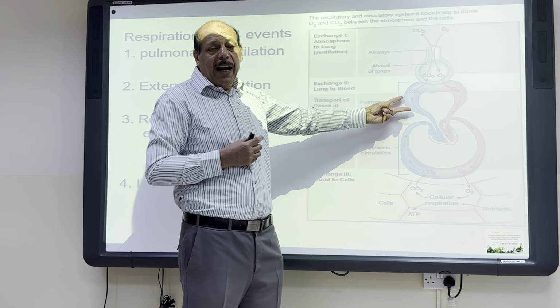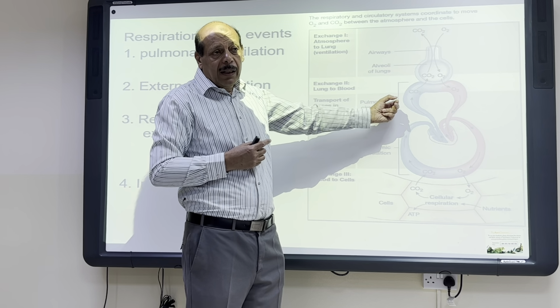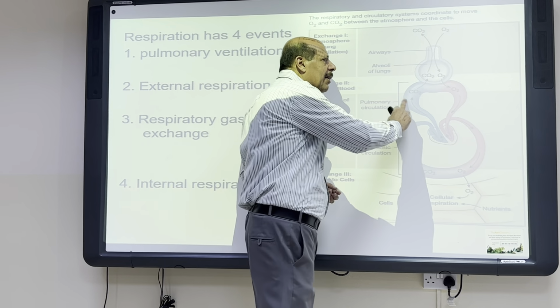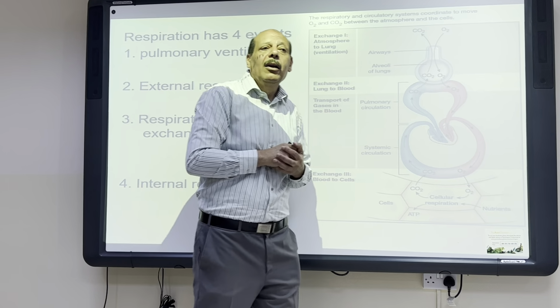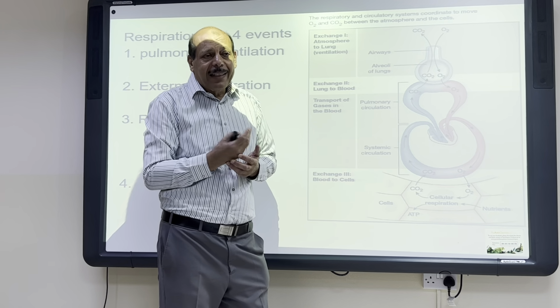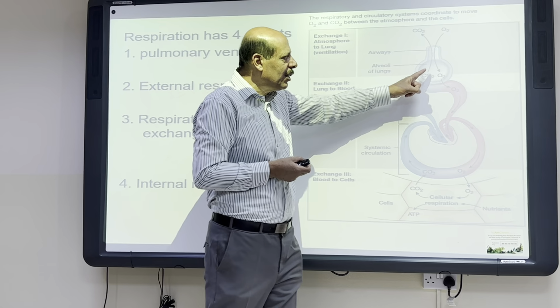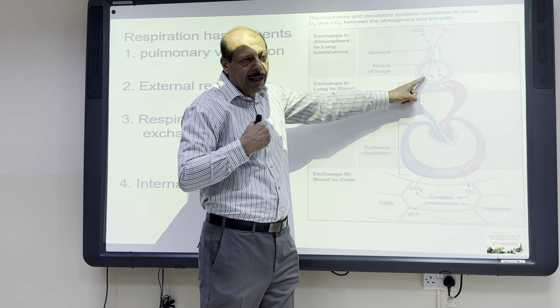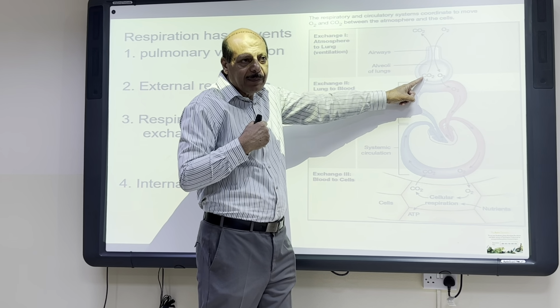The carbon dioxide level in the venous blood which is coming back to the alveoli is higher than the concentration of carbon dioxide in our alveoli.